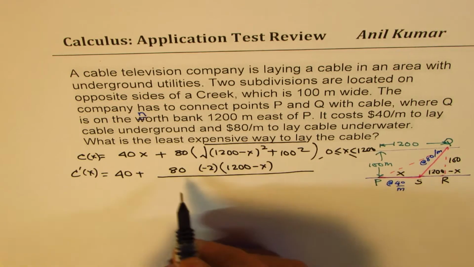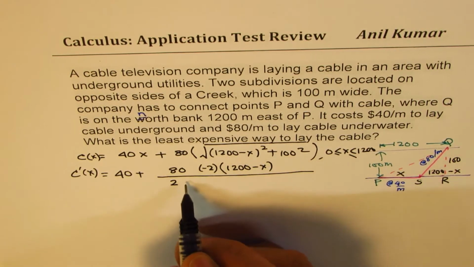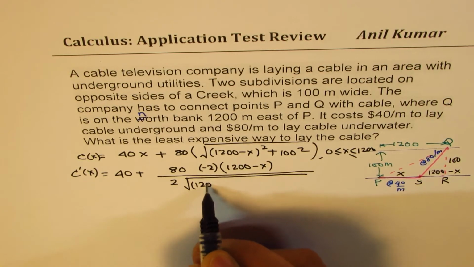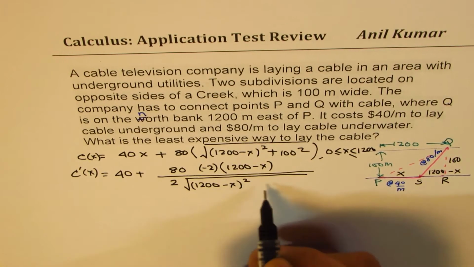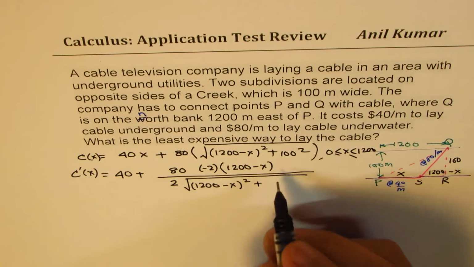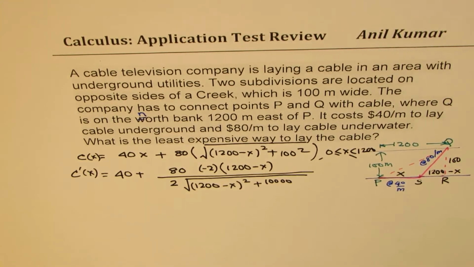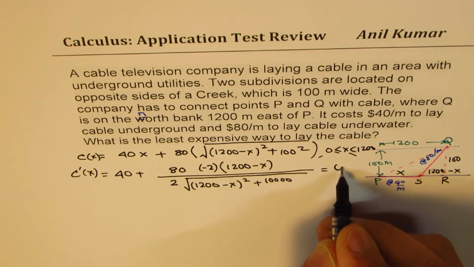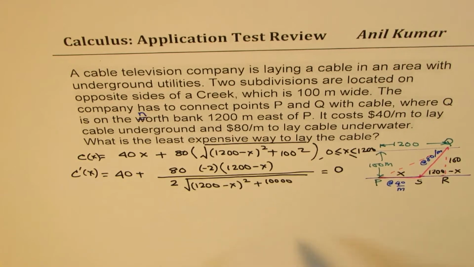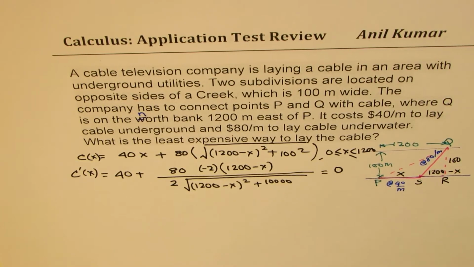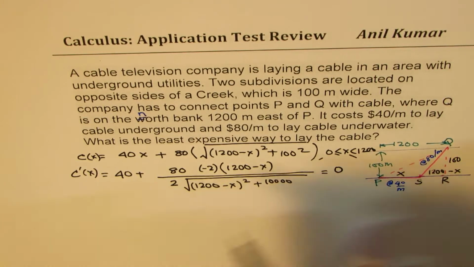In the denominator, we have 2 times the square root of all this, which is (1200 minus x) whole square plus 100 squared, right? Now for the critical number, it should be 0. So I'm cutting down on steps, I have very limited space. So that equals 0 for the critical number.